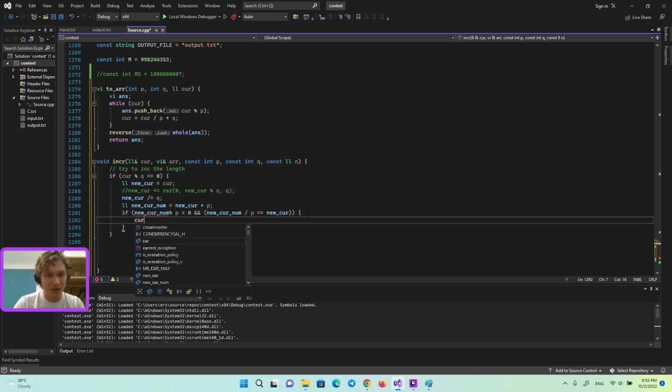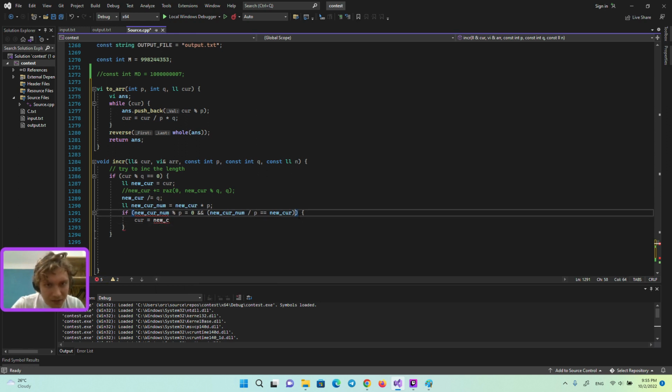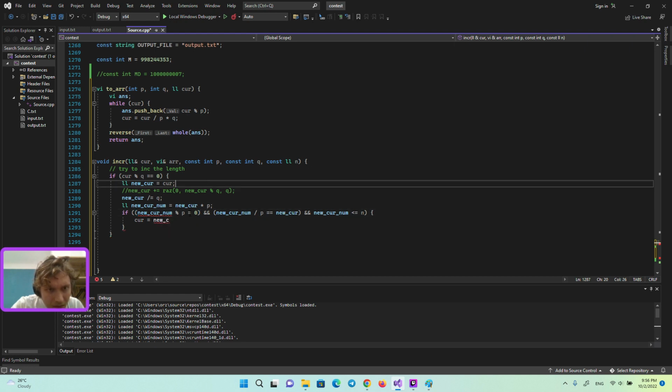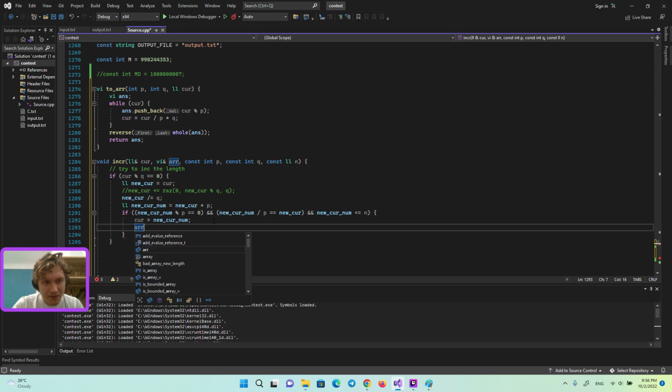I say that car equals new, and also I need that new car num is at most n. What's wrong with it? Okay, I say that car is new car num, and I push back a zero.